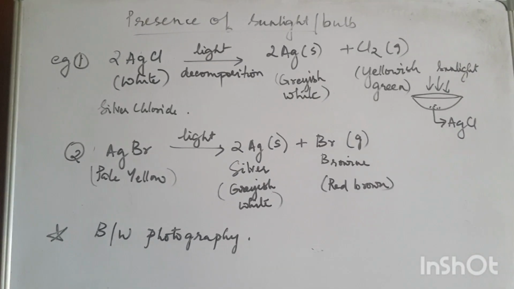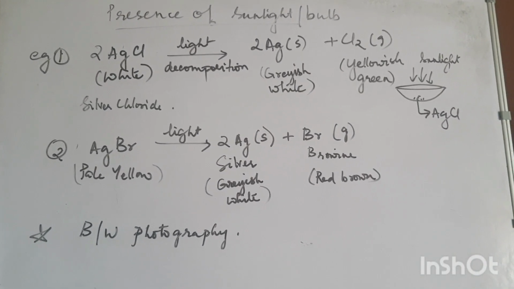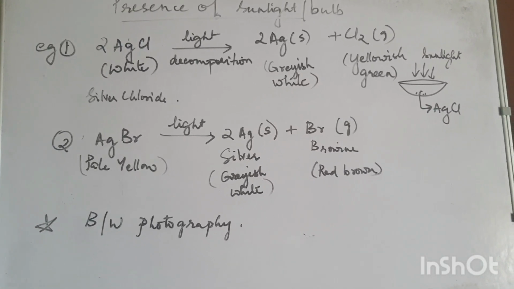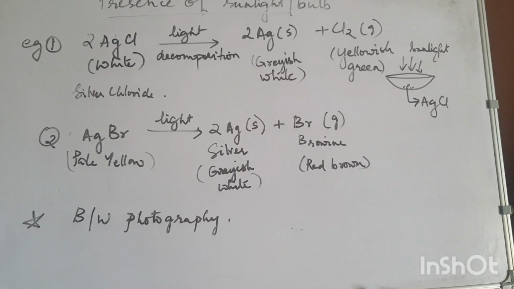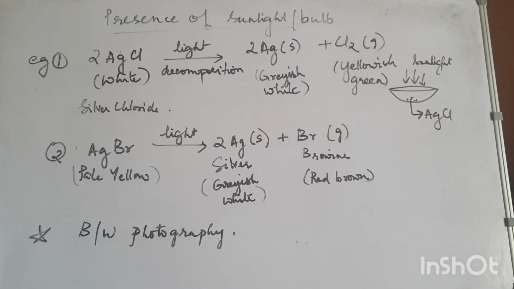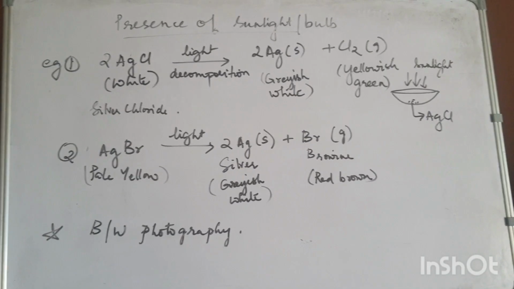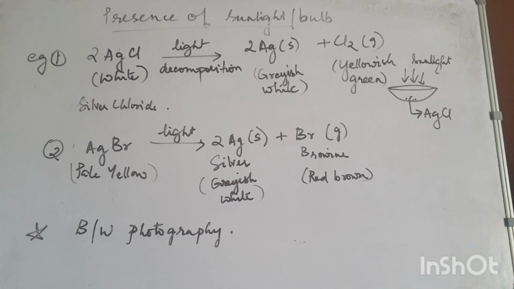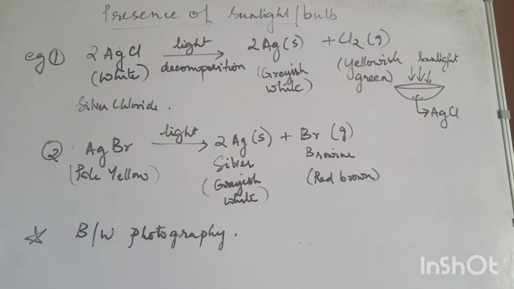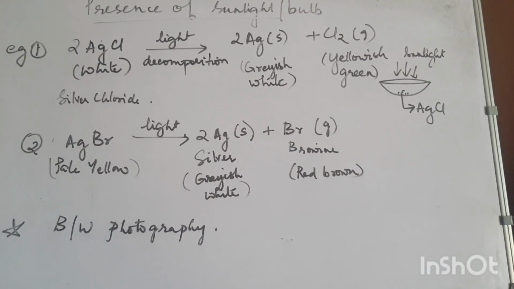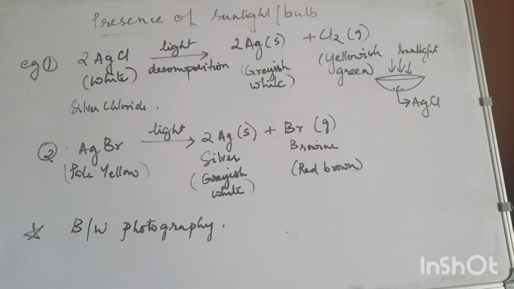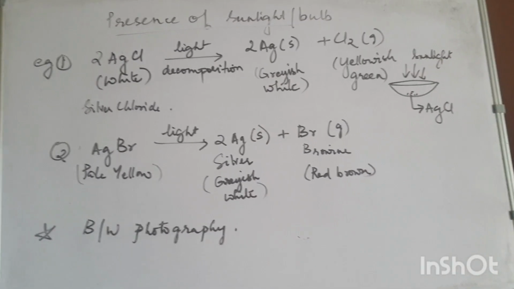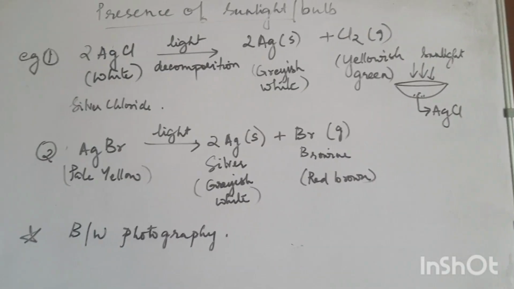To restrict that reaction, we store AgCl and AgBr, that is silver chloride and silver bromide, in dark bottles. So that question is also very important. Make sure that you learn along with the topic. Whichever equation you have, if there is any application based on it, that is also important for you to learn.